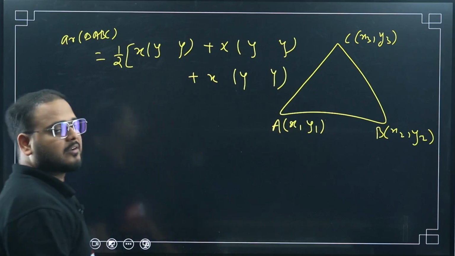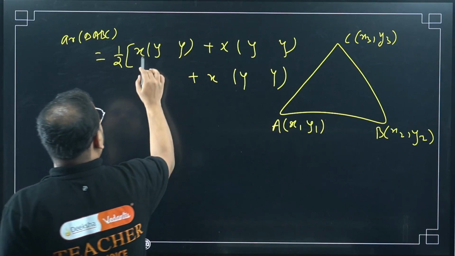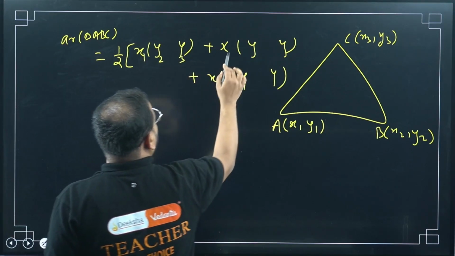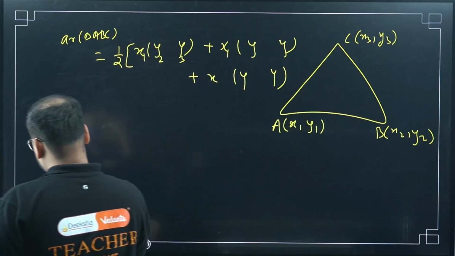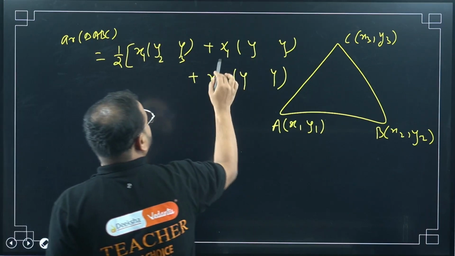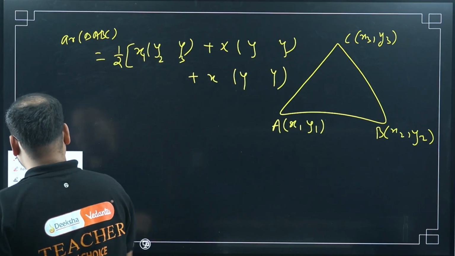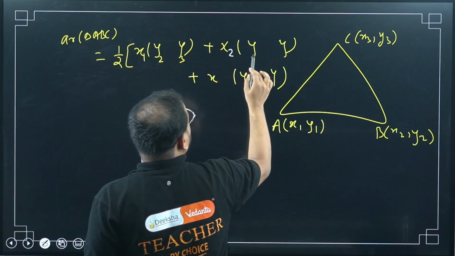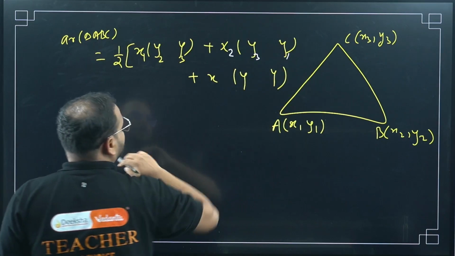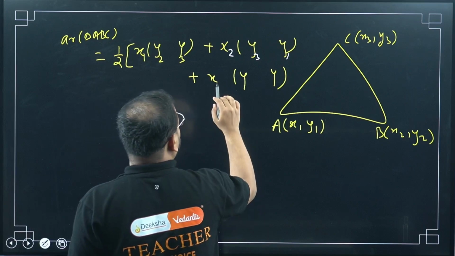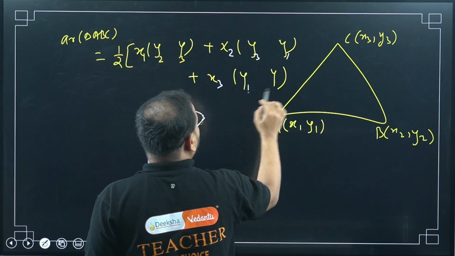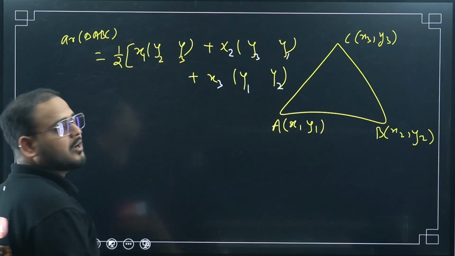Yes or no? The indices were 1, 2, 3, then 2, 3, 1, and then 3, 1, 2.